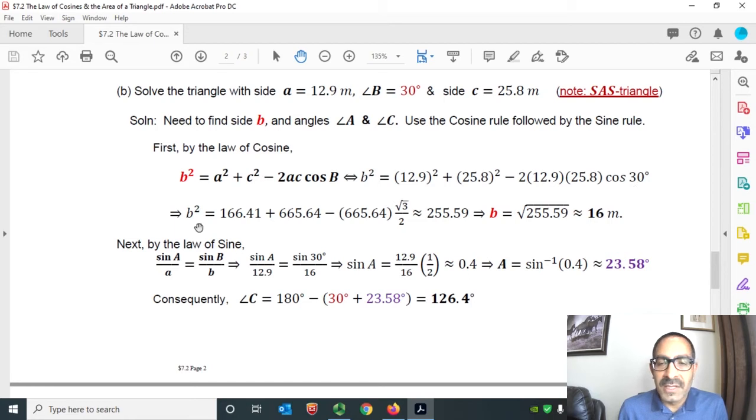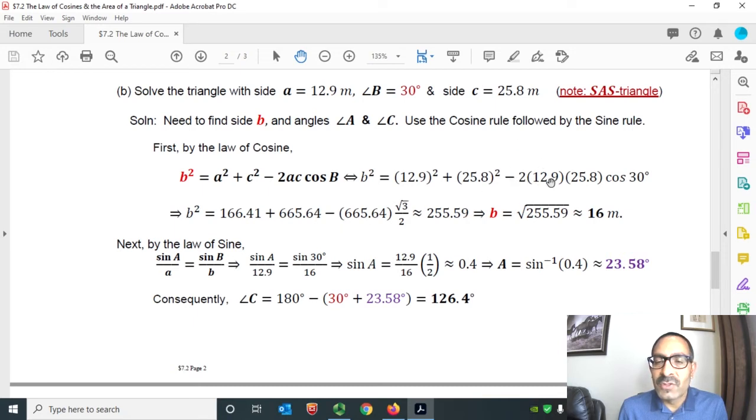So in the next step, let's use a calculator here. 12.9 squared turned out to be 166.41. 25.8 squared turned out to be 665.64. And this minus as it is.